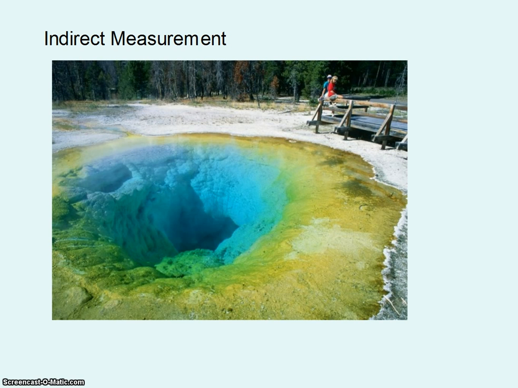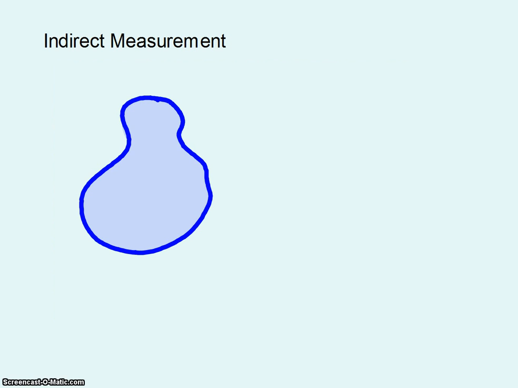I want you to imagine this little lake here. I've drawn a picture. Maybe you like it, probably a little safer. And I'm going to show you how you can use indirect measurement to find the distance, say, from point A to point B safely.